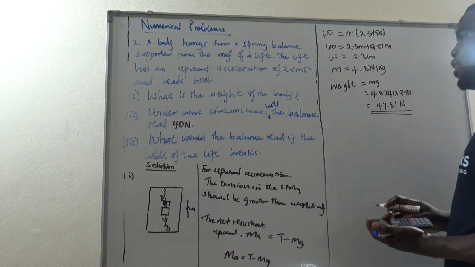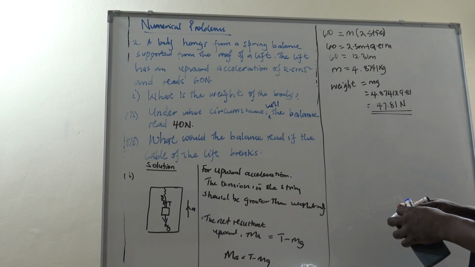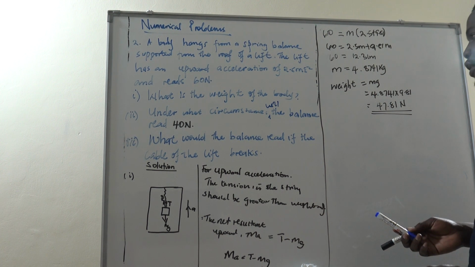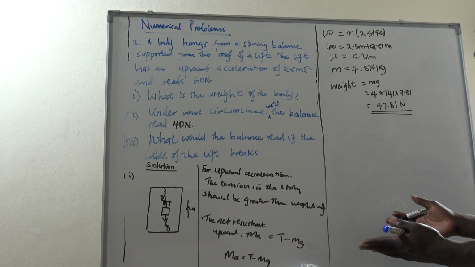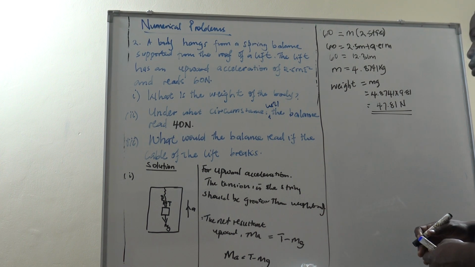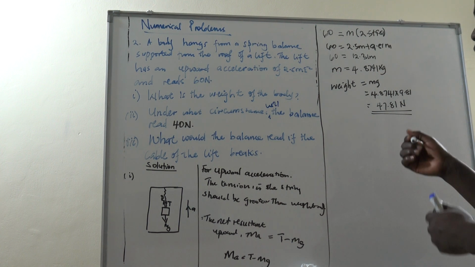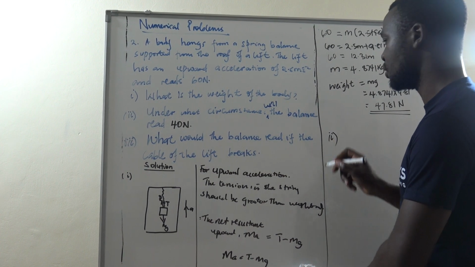So that is the weight of the body in the lift. This is the actual weight, not the apparent weight. Now let's look at Roman numeral 2.